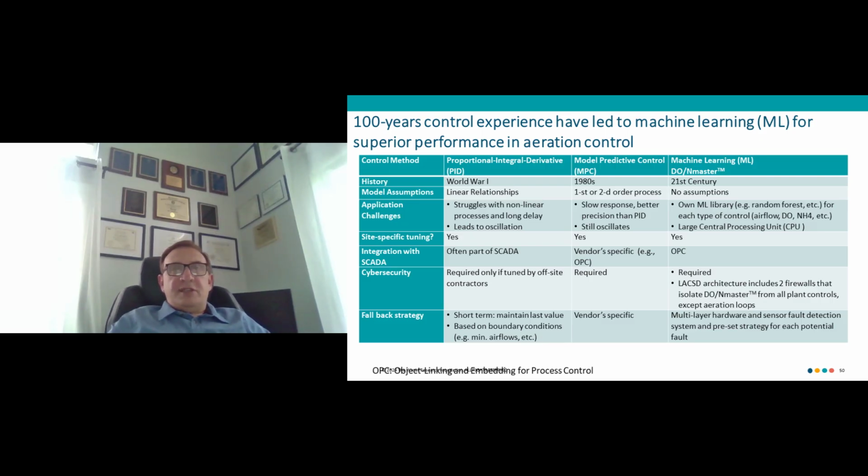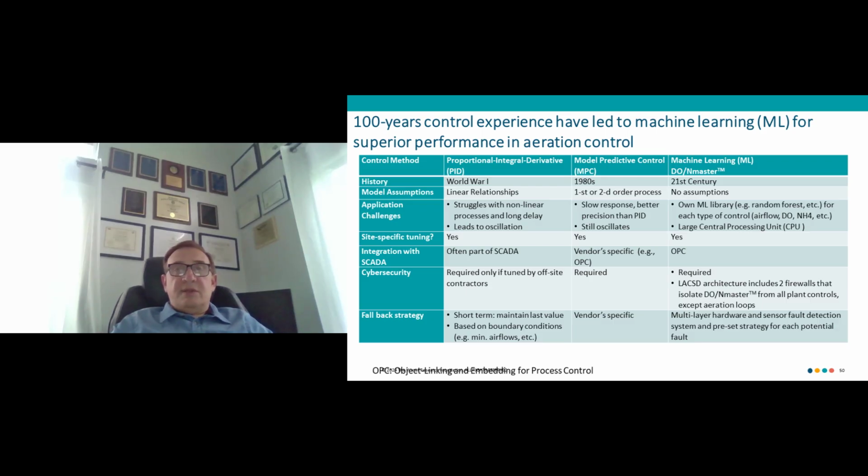So later in Chico, we replaced MPC with a machine learning method. Unlike the previous two methods, machine learning does not rely on mathematical formulas that approximate process characteristics. Using a large amount of data, the computer generates relationships among a multitude of process parameters.